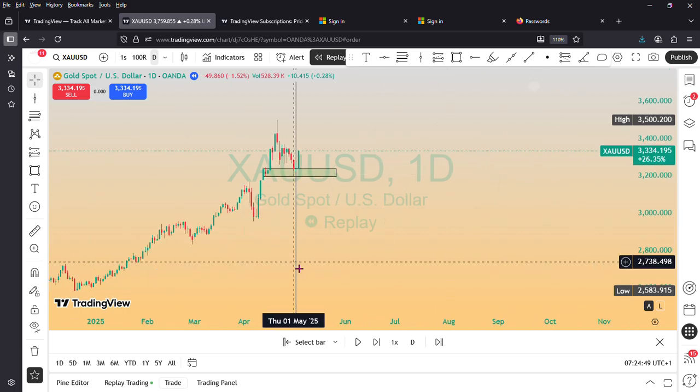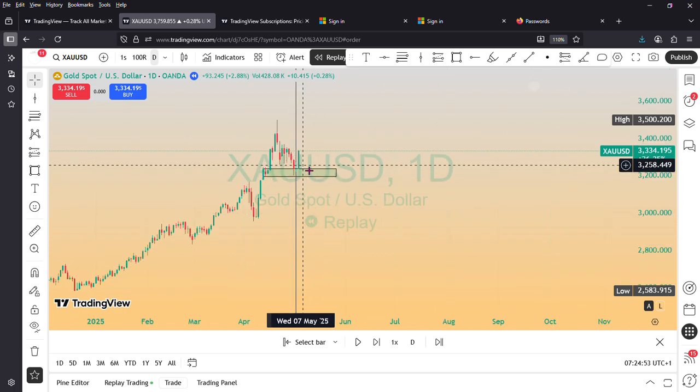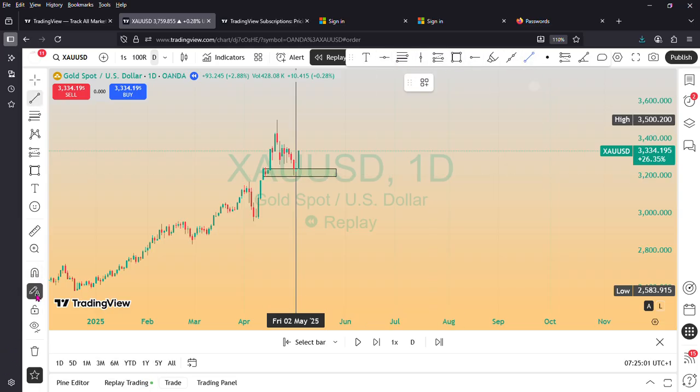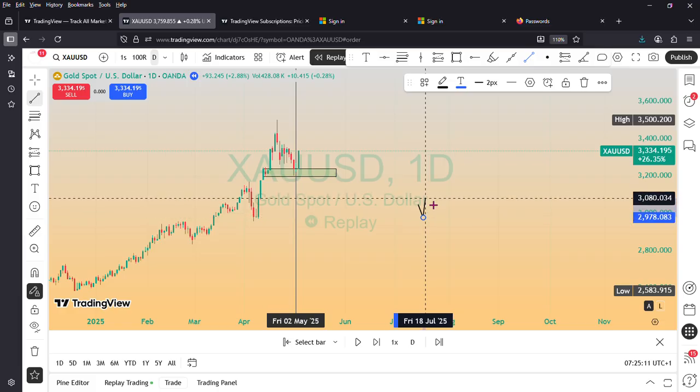Now, in that 30 minutes, or 1 hour, I want to see a structure that gives me this sign. A low. Understand? Now, a high that was taken out by the previous high.